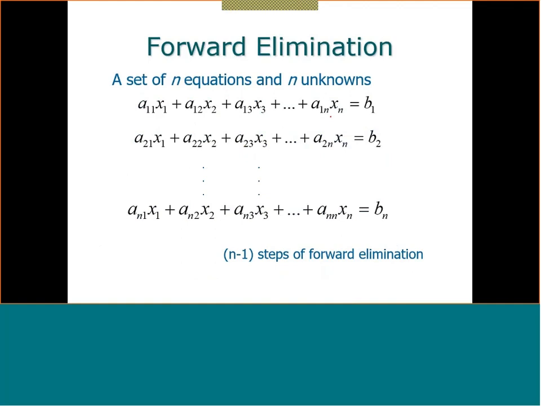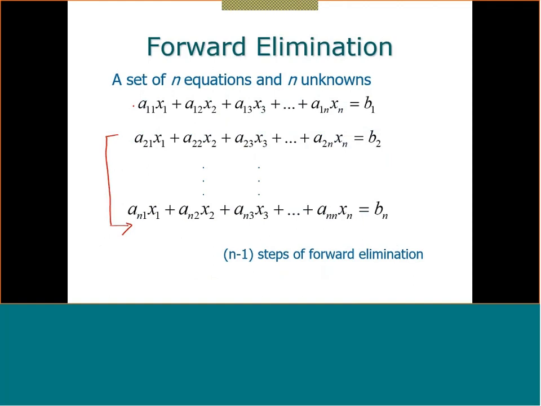So I will go from the second equation to the end. So I need to do only n-1 eliminations. The first equation stays as it is. There will be no elimination at all for the first equation.